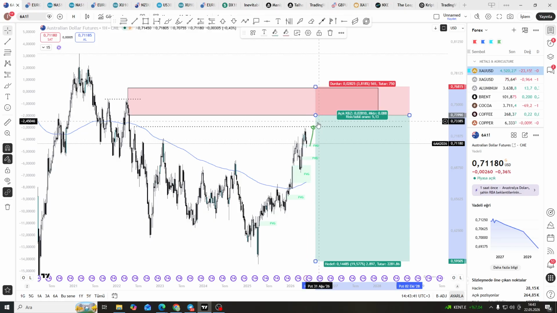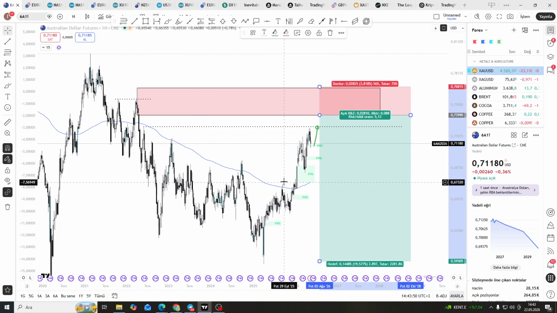If we get confirmation in this area above 0.73, I will look for shorts and massive shorts.